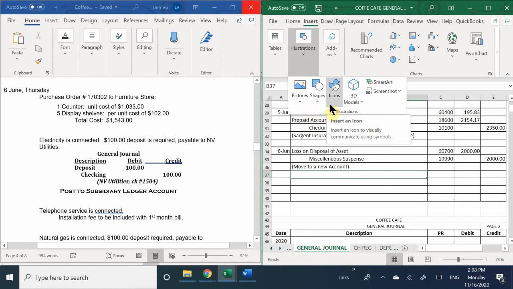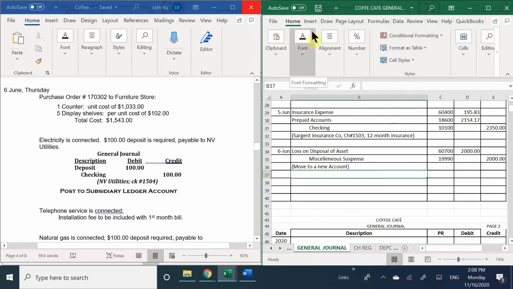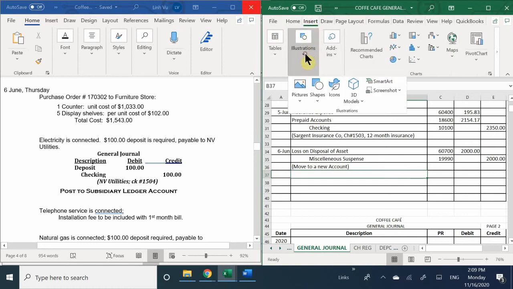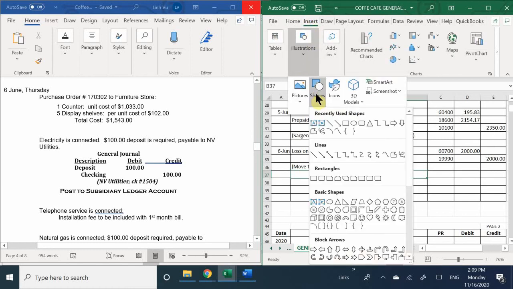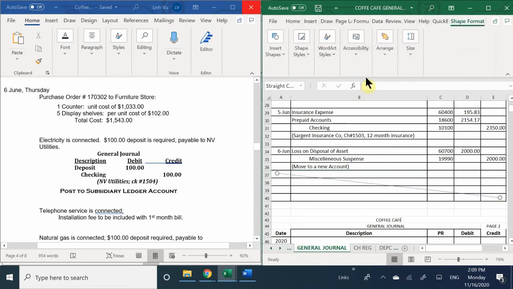So I'm going to draw a shape, where's my insert? I'm going to draw a line in between the empty spaces. So illustration, shapes, and I'm going to draw a line. I'm going to go from the top of this box all the way down to the bottom of this box. And I'm going to, where's my thick line?